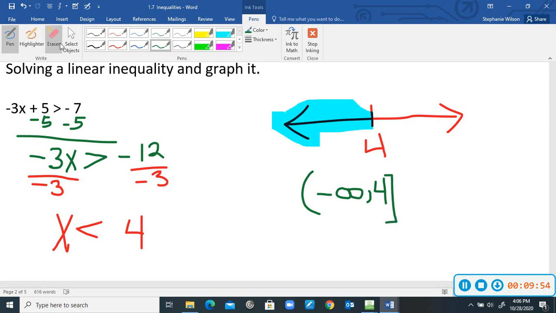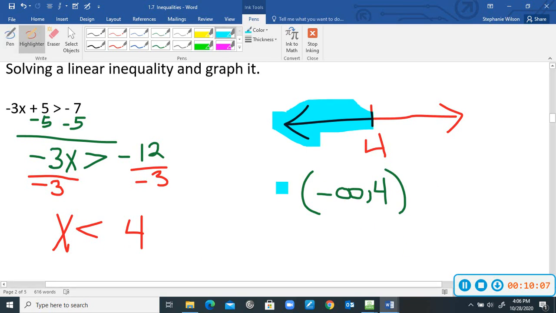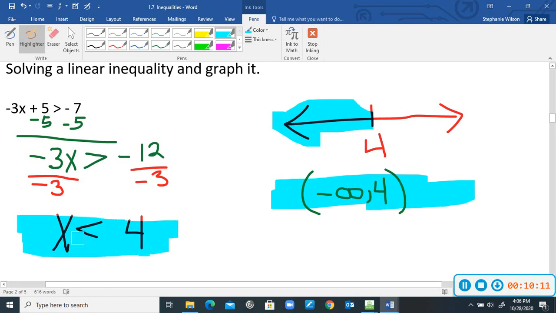Oh no, not a bracket, I apologize, because there wasn't an equal sign. See how easy that is to do? So definitely double check your answer because there's no equal to sign on the inequality. So this is my answer in interval notation, and this is my answer in set notation, okay?